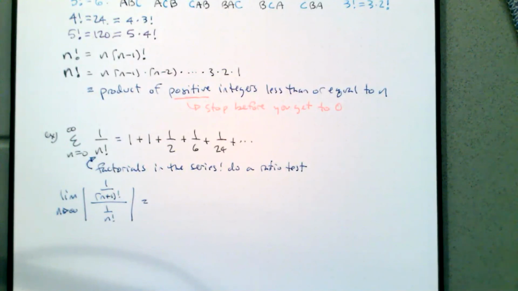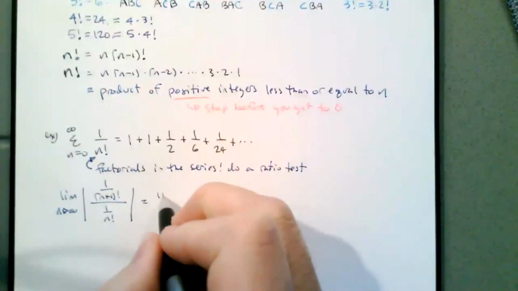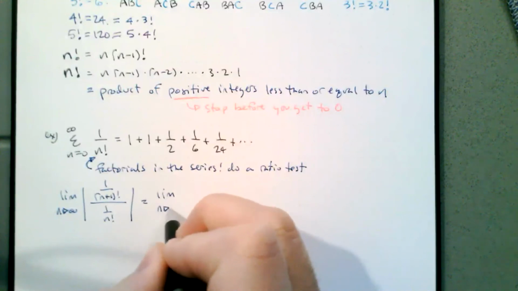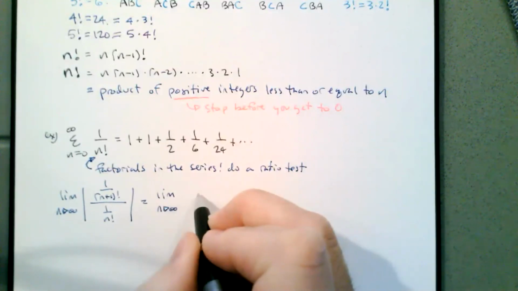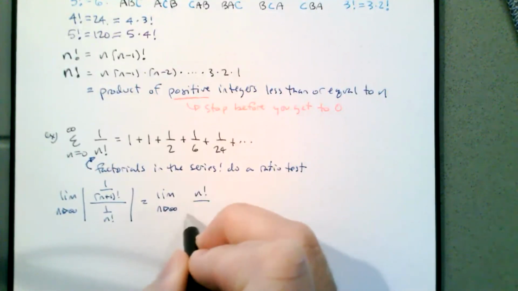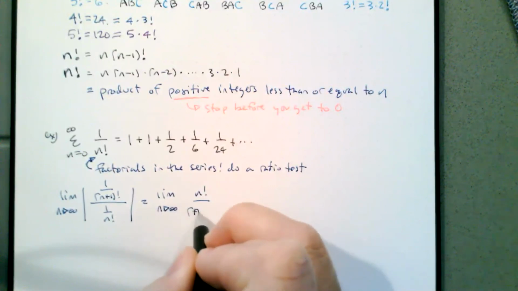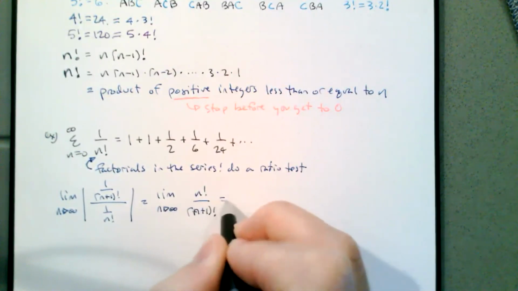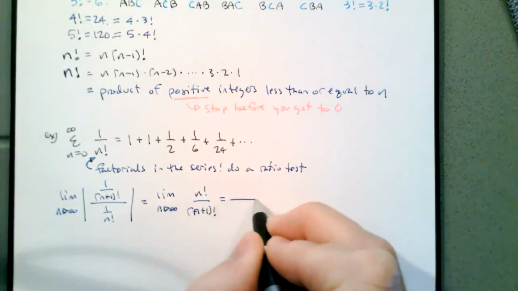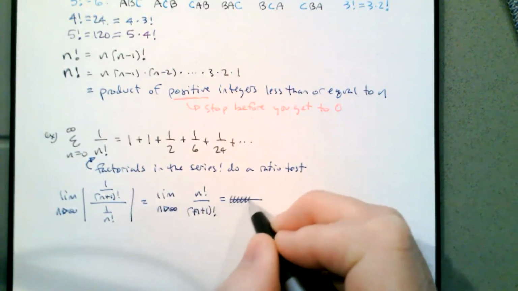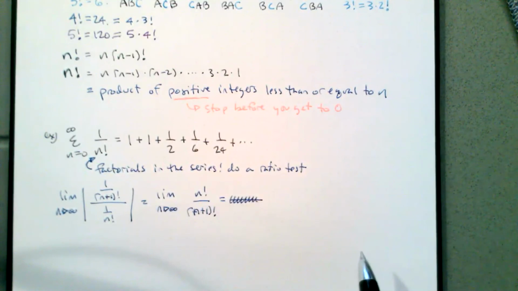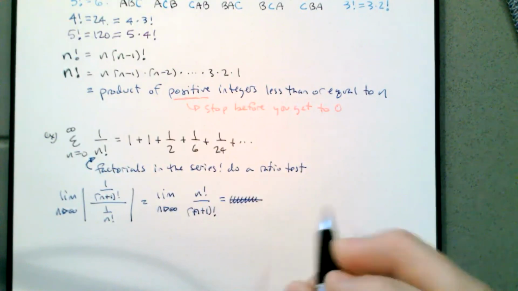When we simplify this, it's the limit as n goes to infinity of n factorial over n plus 1 factorial. Notice that n factorial is a factor of n plus 1 factorial.